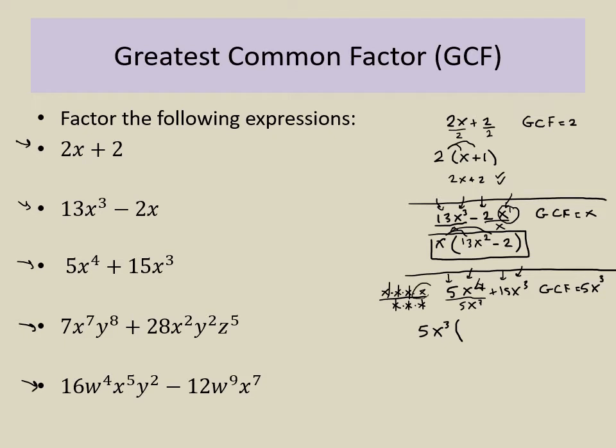So what we have left here is x plus, if I divide this by 5x cubed, 15 divided by 5 is 3. X cubed and x cubed will cancel, so the variables will go away. So this will be our final factoring.